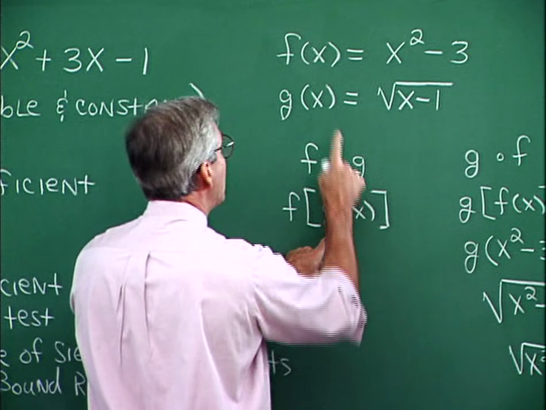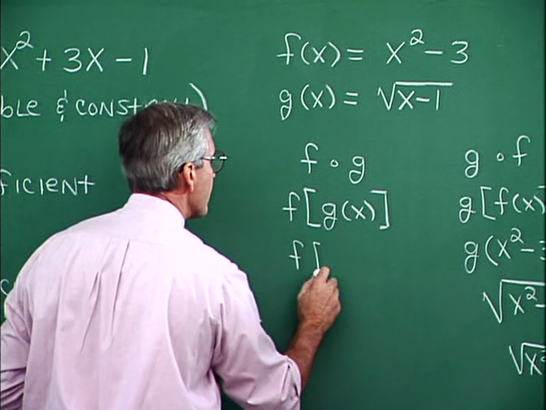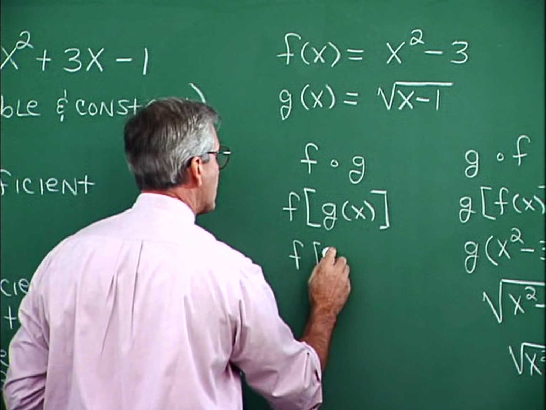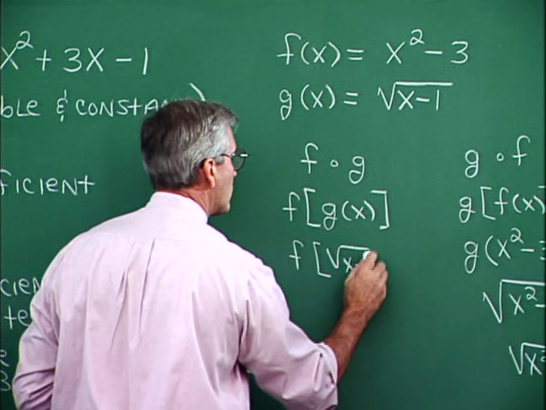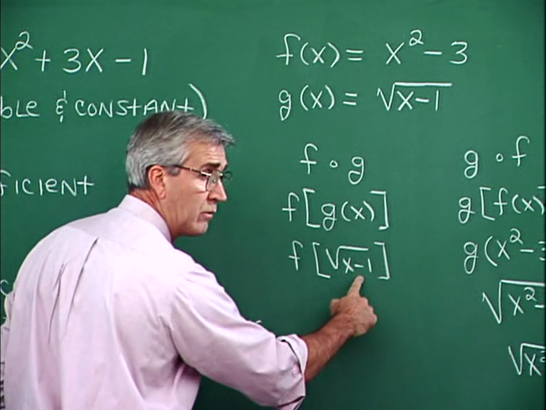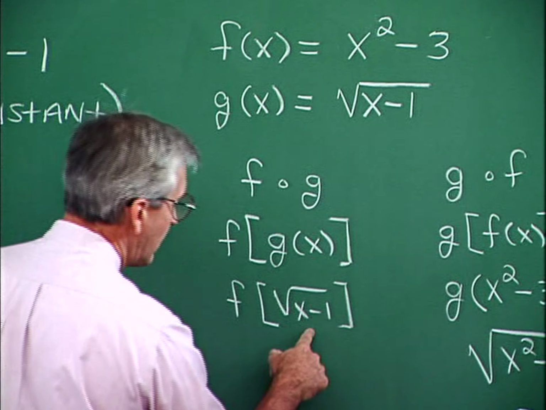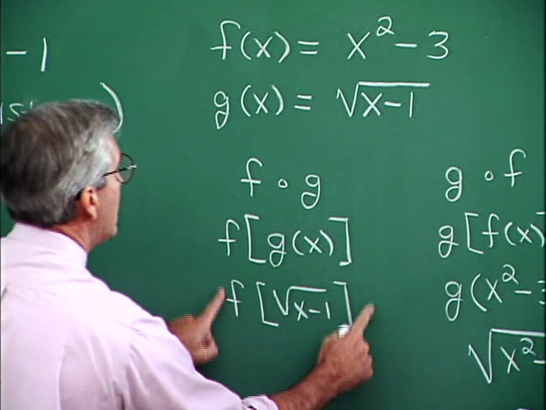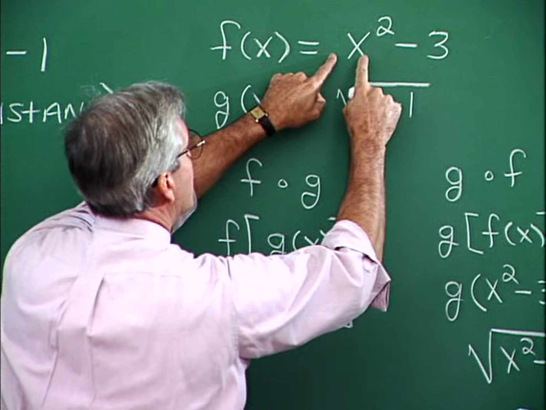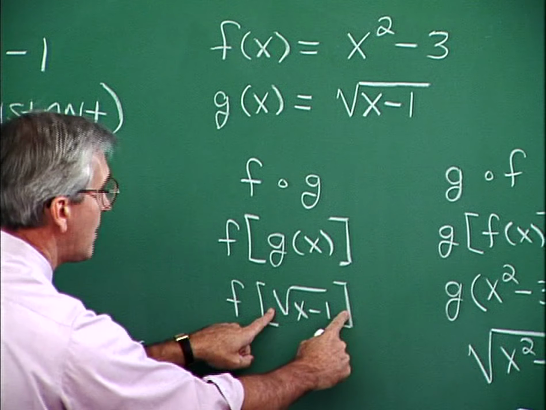Well, g of x we know is this expression, so we could write f of, now let's see, g of x is the square root of x minus 1. You see, and now what does f of this mean? Well, it means in the f function, replace x with the square root of x minus 1. So in the f function, we're replacing this x with the expression square root of x minus 1.